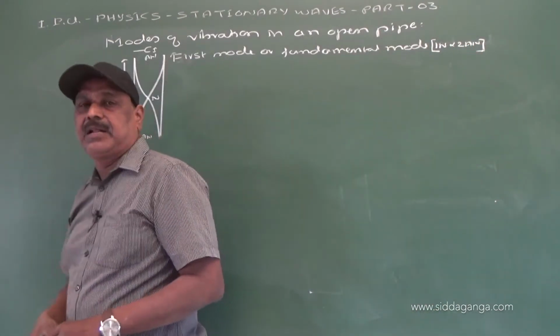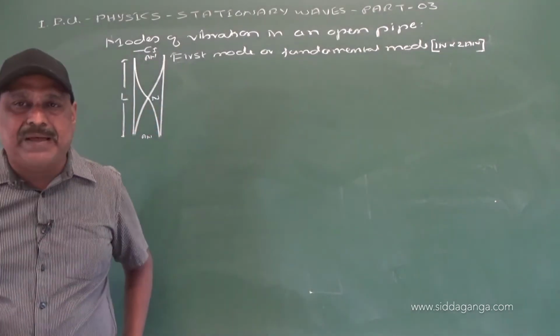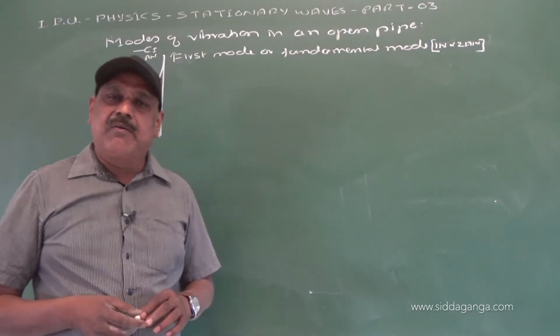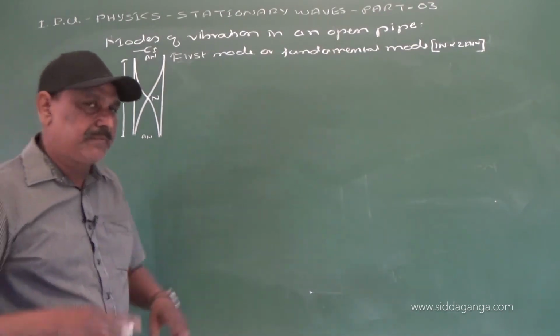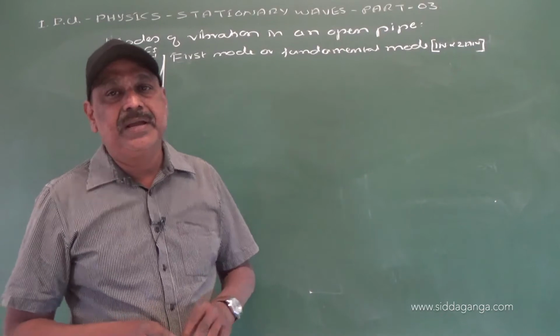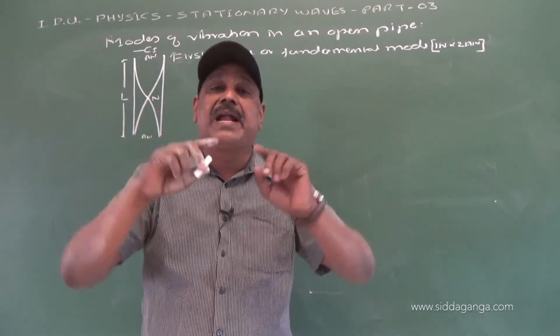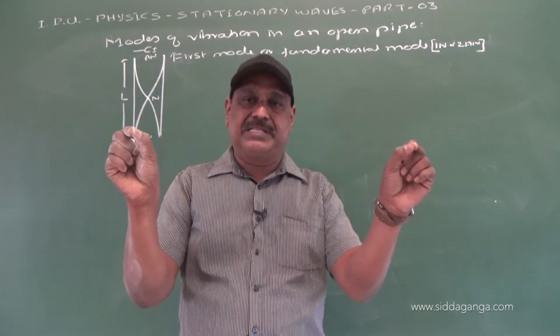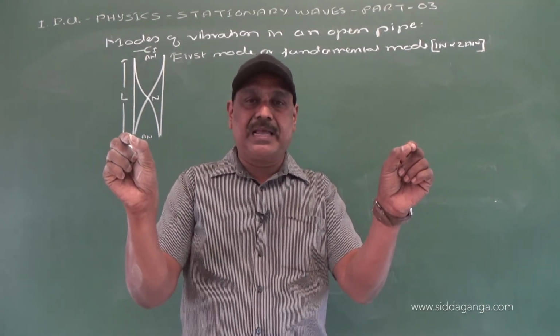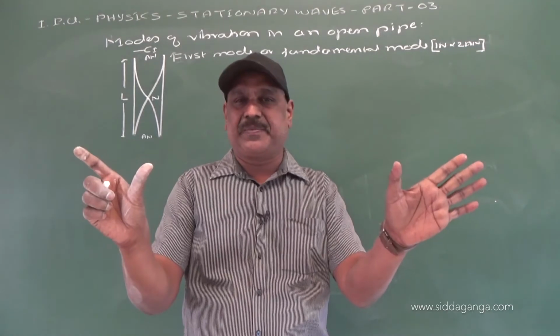So, in the fundamental mode of vibration, an open pipe or an open air column vibrates with one node and two antinodes, but in a stretched string it is two nodes and one antinode, because at the two fixed ends the particles of the string cannot vibrate.